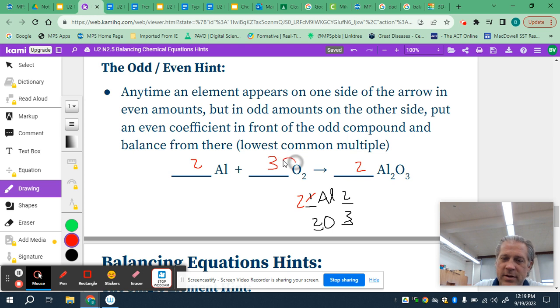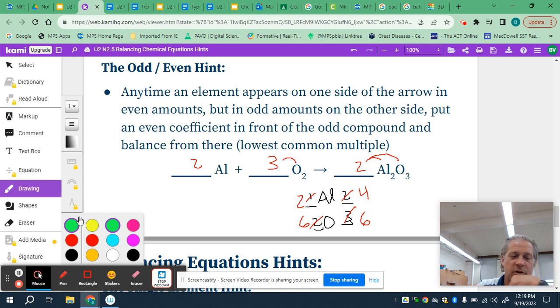So what that does is it distributes to the quantity in question. So 3 times 2 oxygens is 6. 2 times 2 aluminums is 4. 2 times 3 oxygens is 6. So all I did is I took the subscript down here and I made it the coefficient on the left side, and I took the subscript down here and made it the coefficient on the right side.